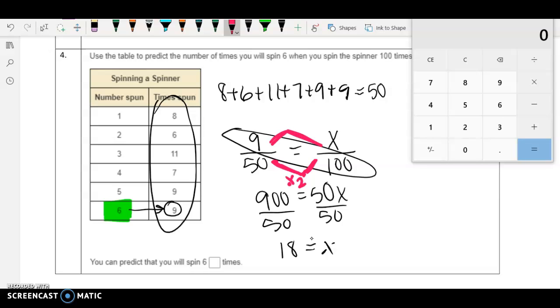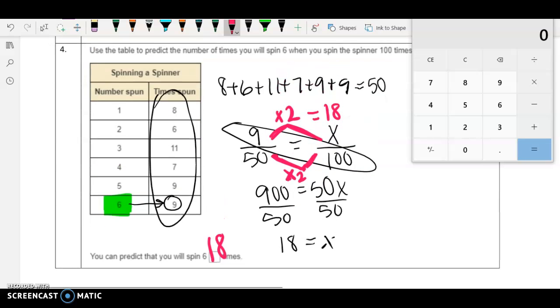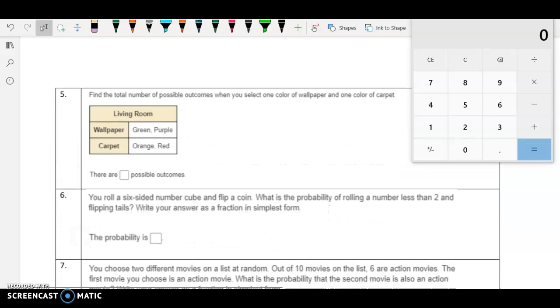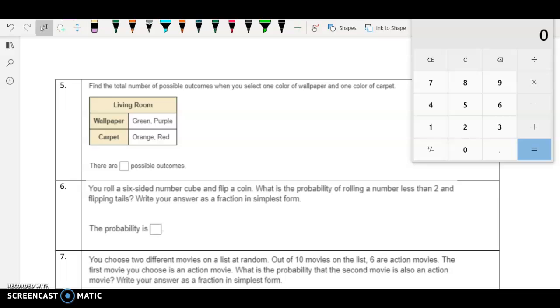So to get from 9 to my new number, I have to multiply by 2, which then will give you 18. So there's 2 ways of doing it. There's actually a few more, but just know that you're doubling it. Make sure you do add these up to make sure that it actually equals 50. That's the biggest part.